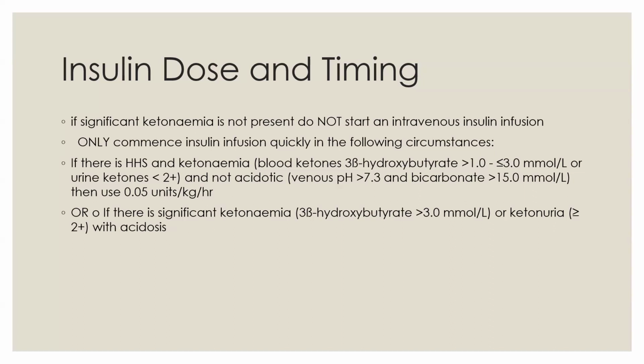Or if there is significant ketonemia, that is 3-beta-hydroxybutyrate more than 3, or ketonuria, that is more than 2 plus, with acidosis, then we can start the insulin infusion.